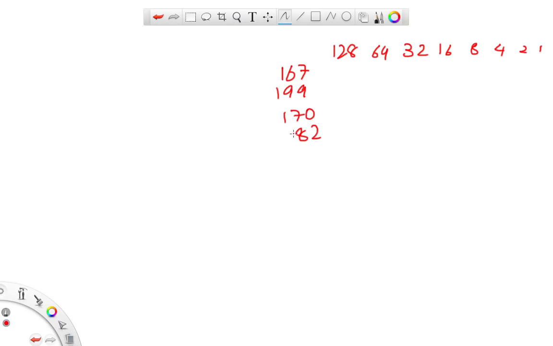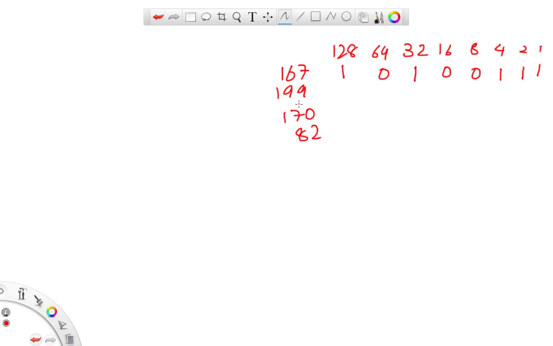So 167 minus 128, you get 39. 39 means you subtract 32 from it and you get a 7. For a 7, you're going to have 4, 5, 6, 7, and all the rest are zeros. Then you have 199.